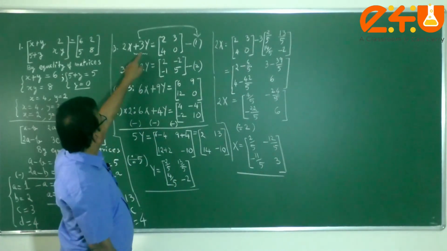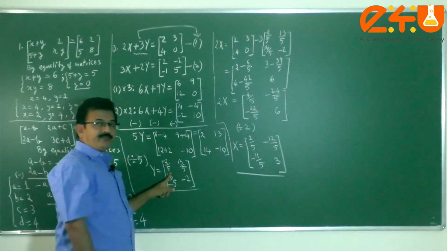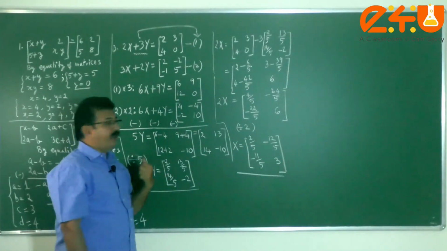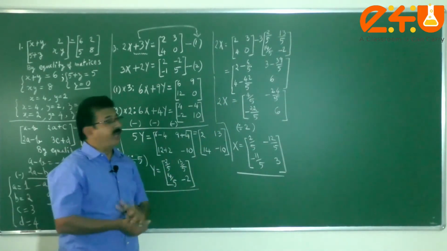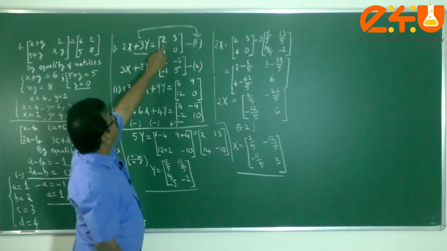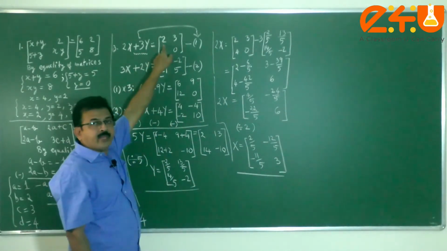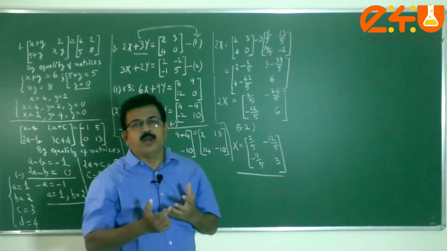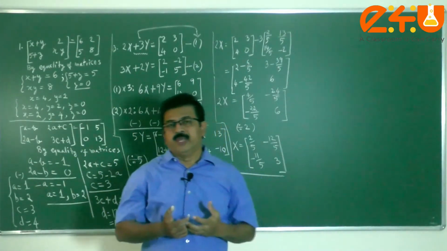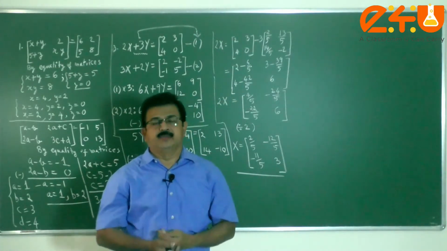Let me multiply by 3, you get 6 by 5. When I add the 4 by 5 with 6 by 5, what I get is 10 by 5. 10 by 5, yes, it is 2 in position 1 1. So you can be assured the solution you got for the matrices x and y is 100% correct.